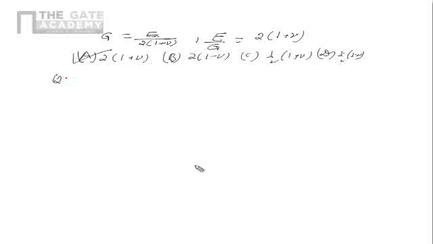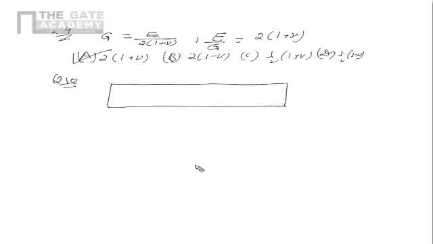Question number 10. In question number 10, the figure below shows a steel rod of 25 millimeter square cross-sectional area. The figure is like this. There is a long bar.